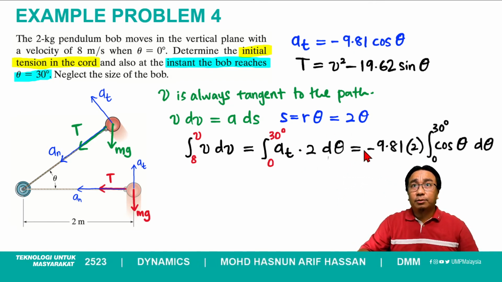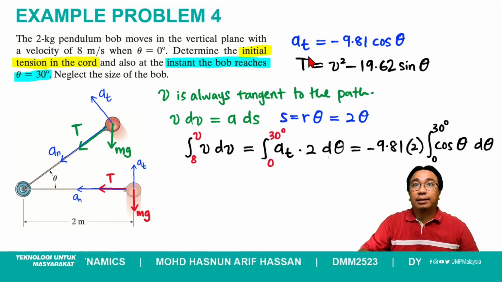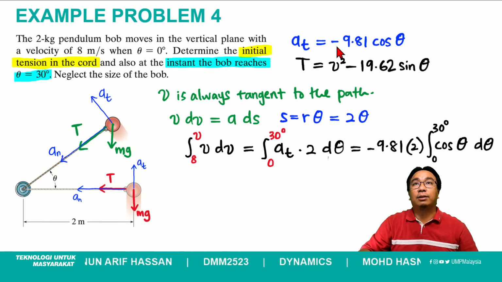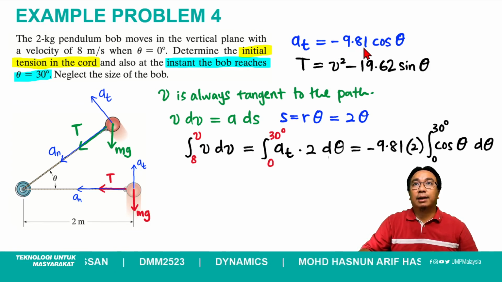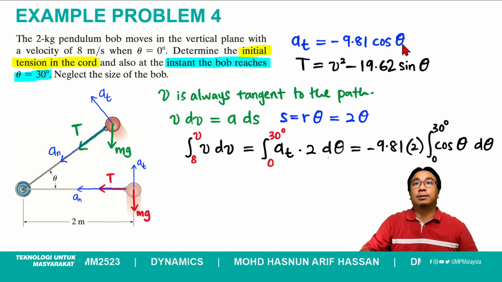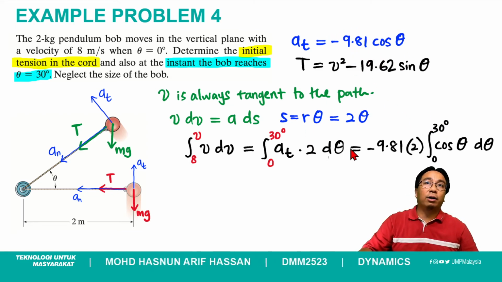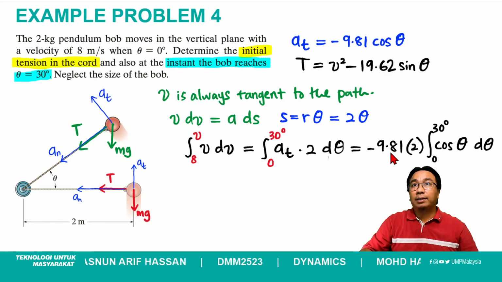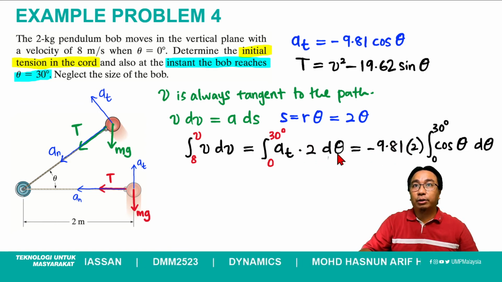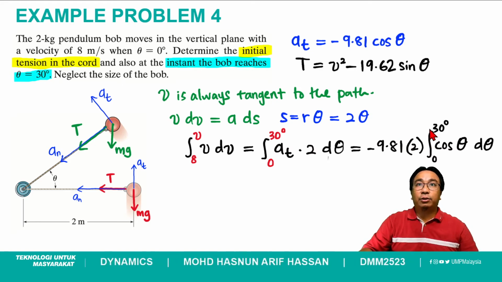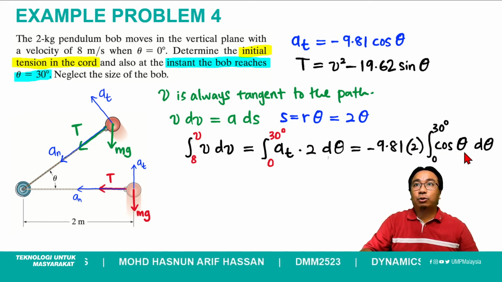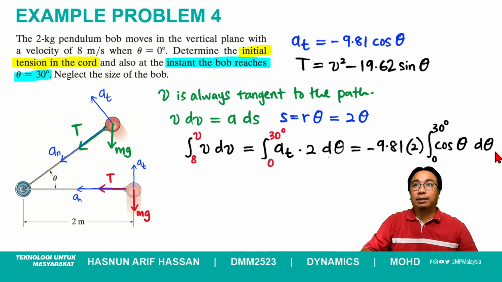Okay, so when you want to integrate a_t, you go back to up here. Kita dah ada dah kat atas ni. a_t is equal to minus 9.81 cos theta. Okay. So all the constants you boleh bawa keluar. You keluarkan minus 9.81. You keluarkan 2 ni. Bring to the front. Then what you integrate is only cos theta d theta.